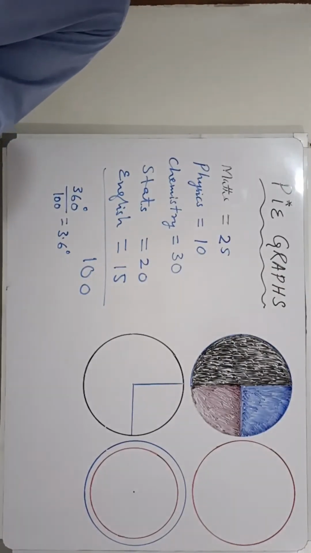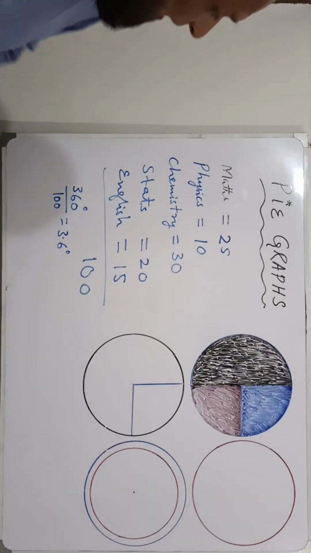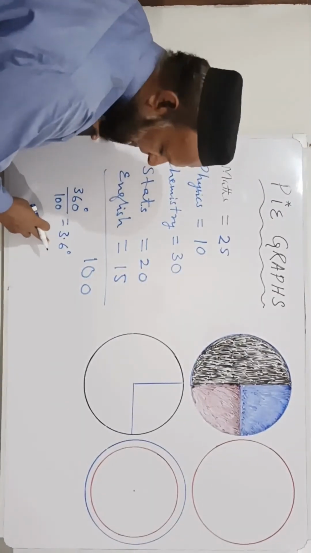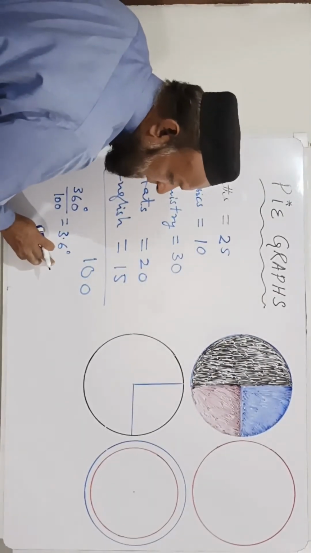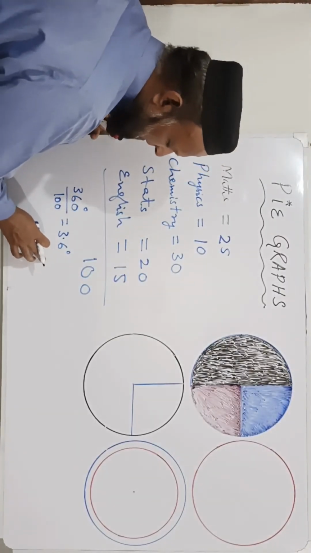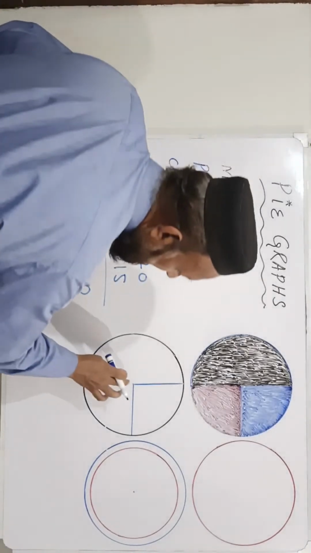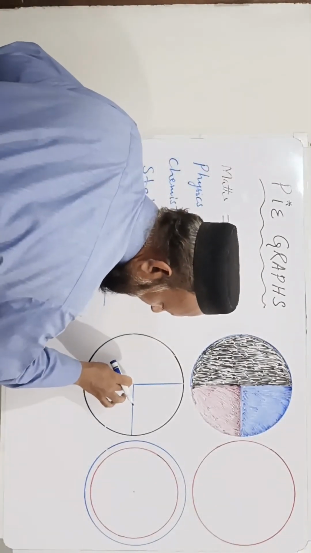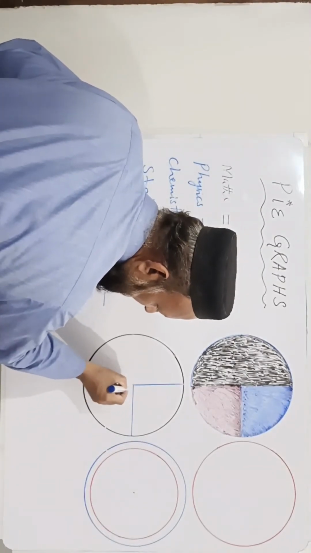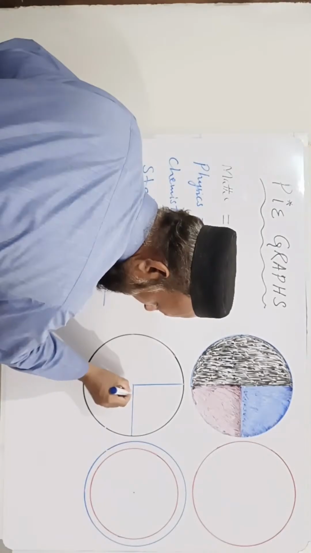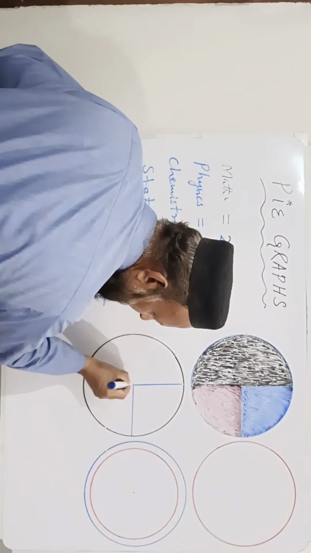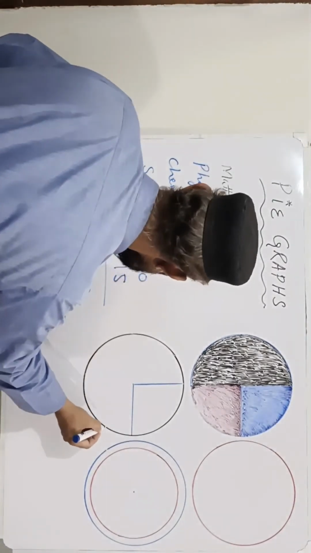What do we have to find out? The other one, 10, physics. When you multiply 3.6 by 10, you will get 36 degrees. Okay. So you have to get 36. You put a D over here and you count. D will be here. Counting starts from here, 1, 2, 3, 4. When 36 arises, you take a line and put it over here for 36.